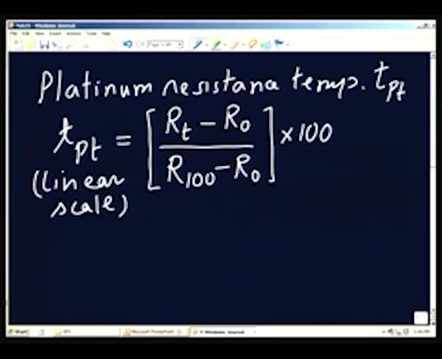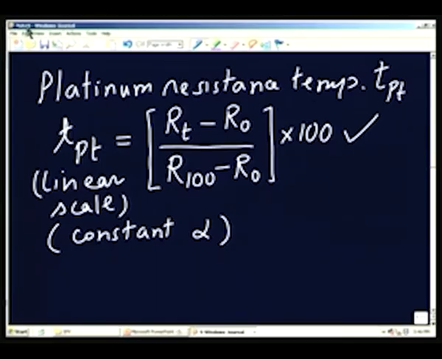This is assuming a constant alpha. You remember the alpha, how it was defined. I am using that definition to write the temperature as T subscript PT.